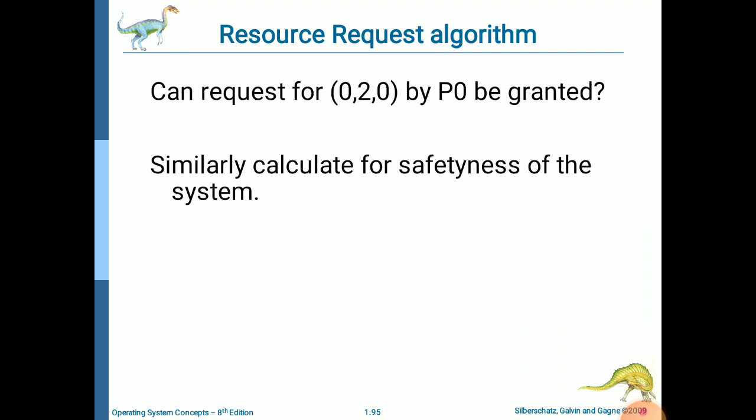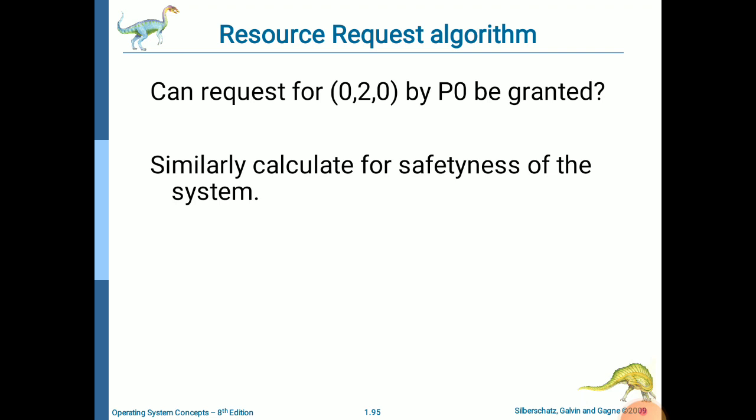for the request 020 by P0. Can it be granted for the original snapshot? You take the original snapshot and do it for P0. Similarly, calculate the safety of the system.